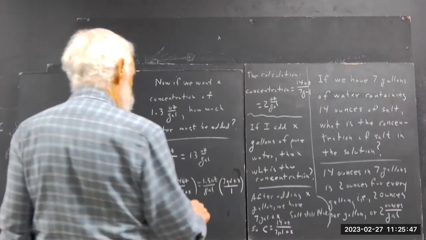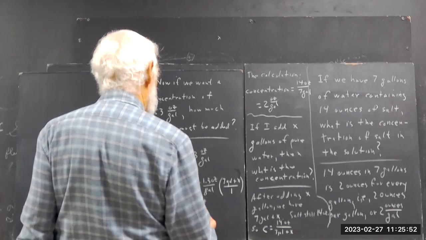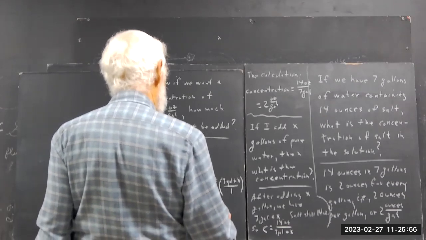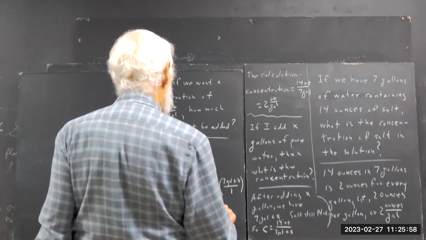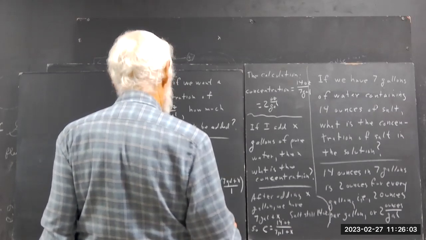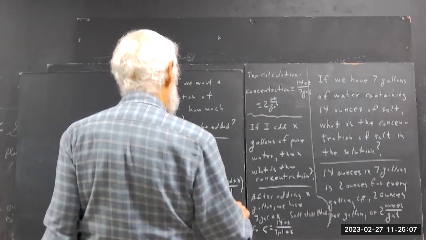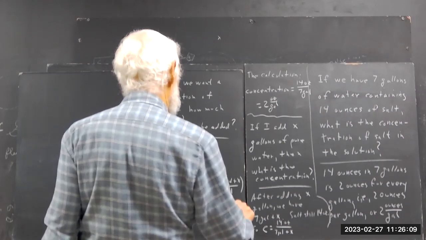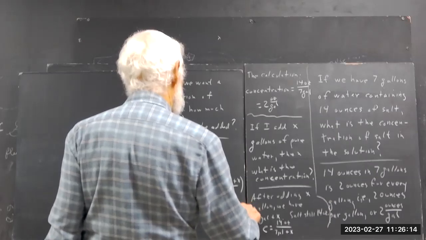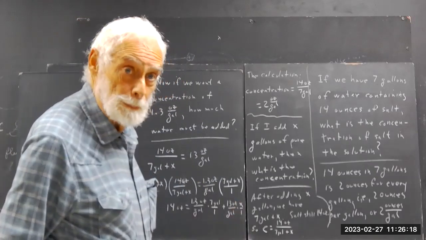That equals 1.3 ounces per gallon times 7 gallons over 1, plus 1.3 ounces per gallon times X gallons.